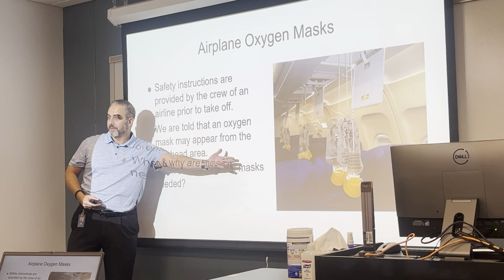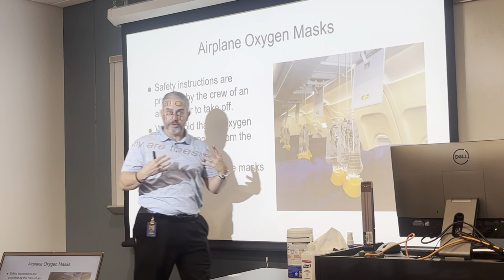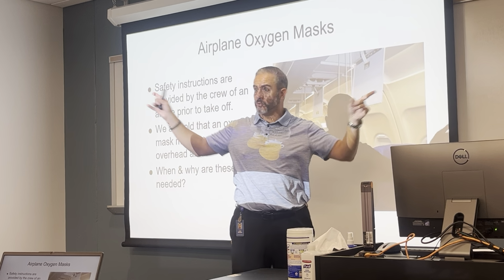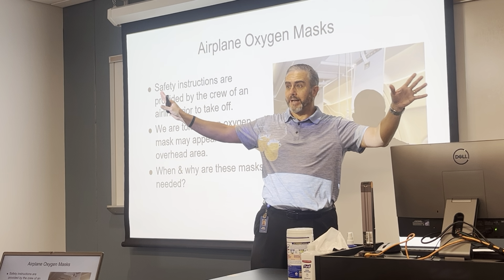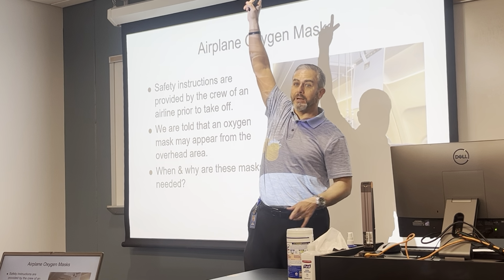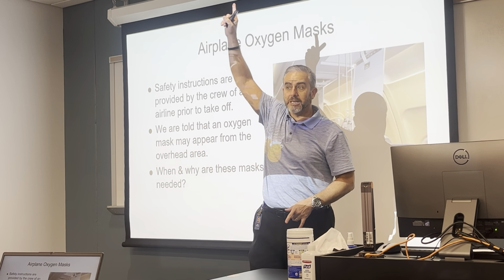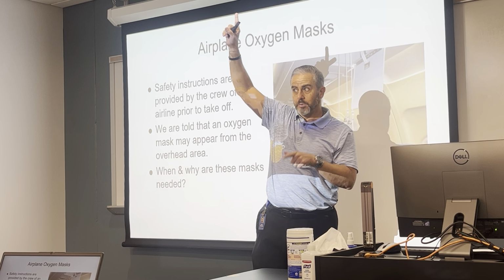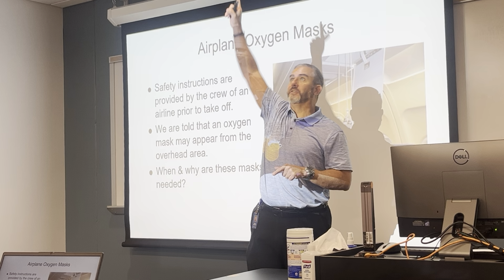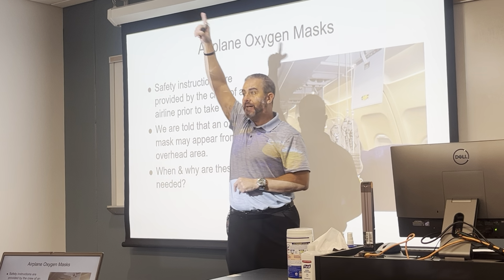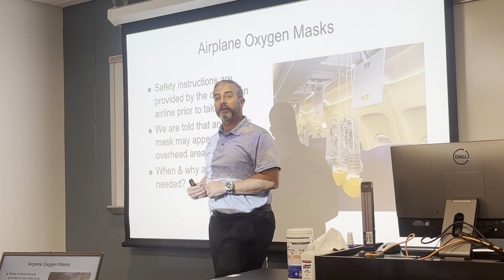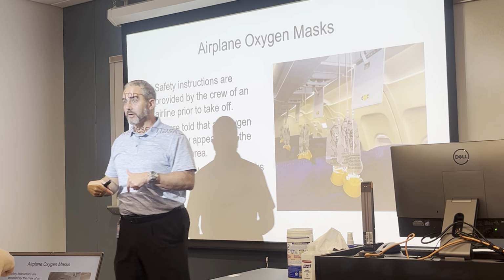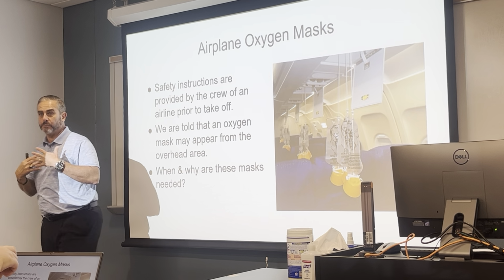masks will deploy. Because if we lose cabin pressure, and now we have the same pressure as what's outside the airplane, what happens to the barometric pressure way up high? It's much less than it is here, which means we still would be breathing 21% of whatever the pressure is up there, which is going to be significantly less than it would be here. And why do they tell us to put it on ourselves before we help others?